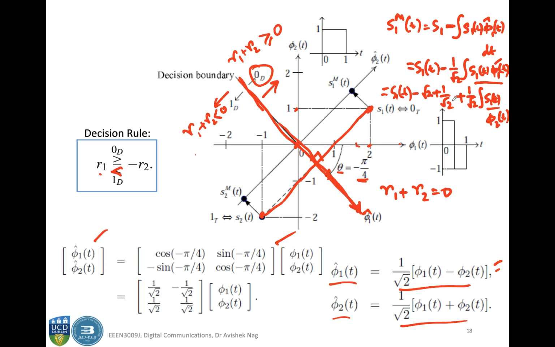So basically you are subtracting some constant from S1(t). So then S1(t) will be shifted a little bit and you will get an S1m(t) here. Similarly, S2m(t) can also be calculated like this.